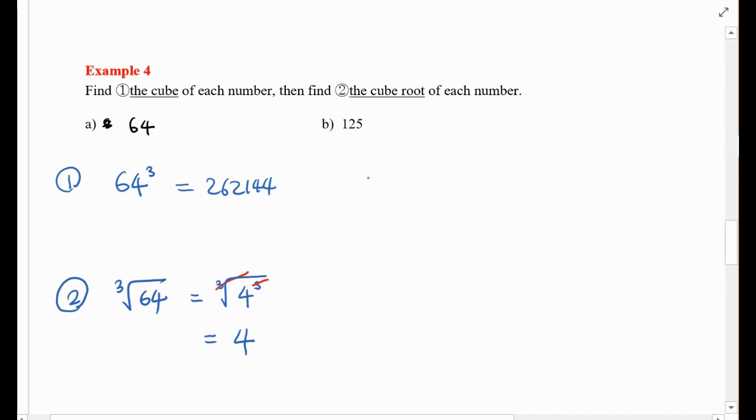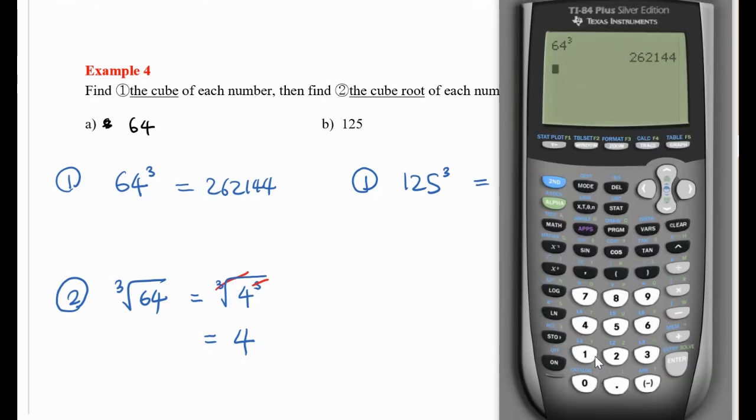All right, let's do it together. Number 1, 125 cubed. Let's use your calculator. 125 to the power of 3. So you have 1,953,125.